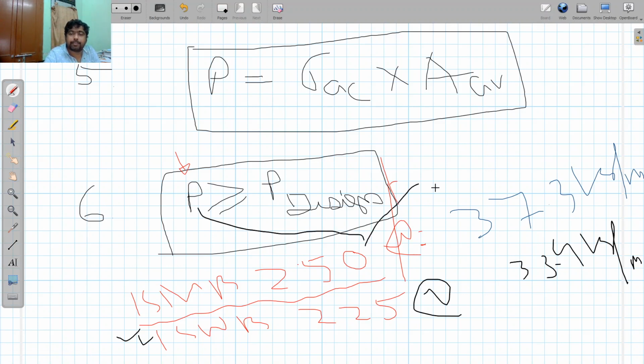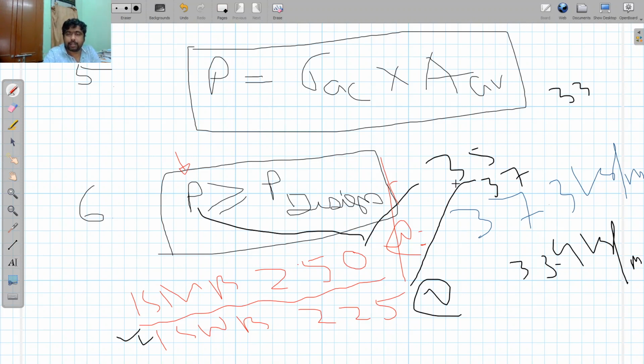Suppose this is giving a P value of 35 kilonewton and this is giving a P value of say 37 kilonewton, and your design load was say 33 kilonewton. Okay, so in both cases your section is passing. You can take ISMB 250 also, or you can take ISWB 225 also. But which one will you choose?